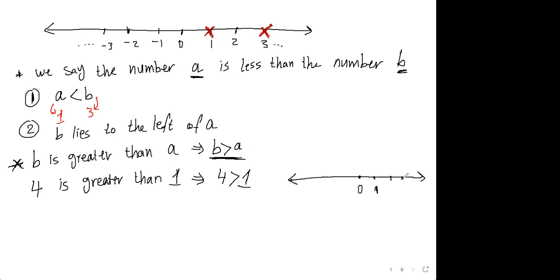This is number 2, 3, and this is 4. Look, 4 lies to the right of number 1.